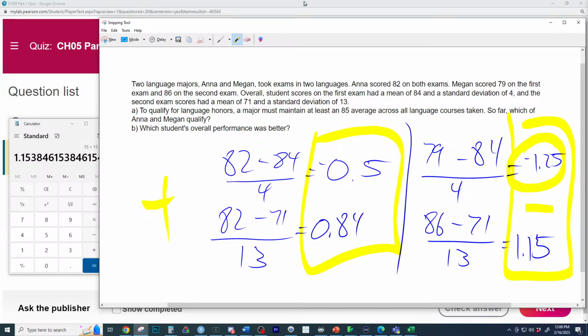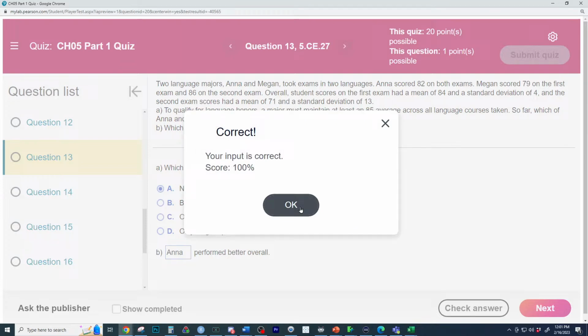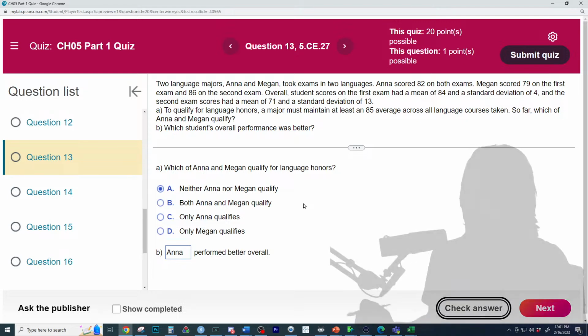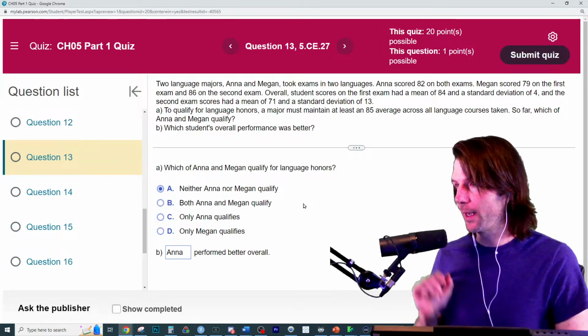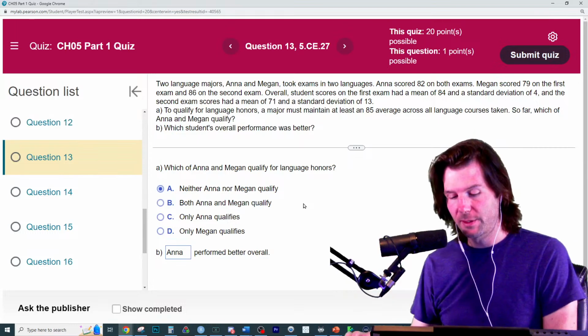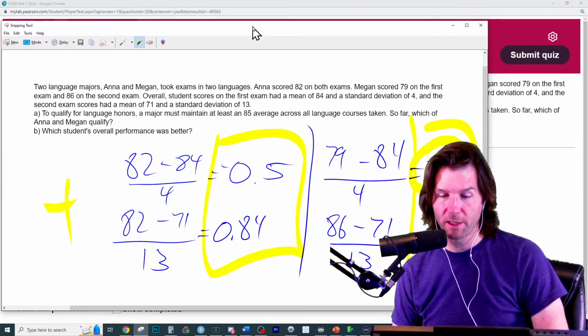So it's going to be the first student, Anna, right there. Should be right. Yay. Don't love this question because they should have you find the Z-scores. It's a question that is pretty complex that they don't walk you through. They should say, what is the proper way to compare these students?